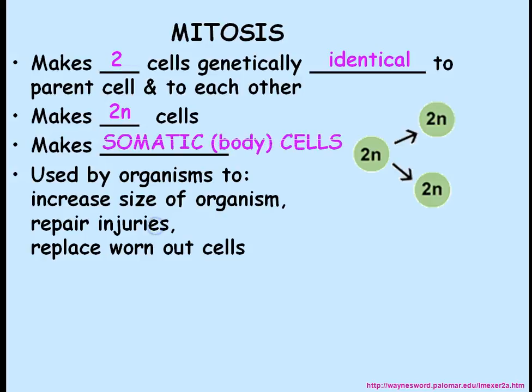So we are making somatic cells or body cells. And this is used by organisms to grow bigger, from one cell to trillions of cells. We use it to repair injuries, skin cells, make more skin cells. We use it to replace worn out cells. And so when we're doing mitosis, we are doing it to make cells that are the exact same.